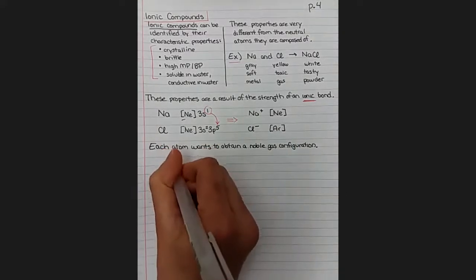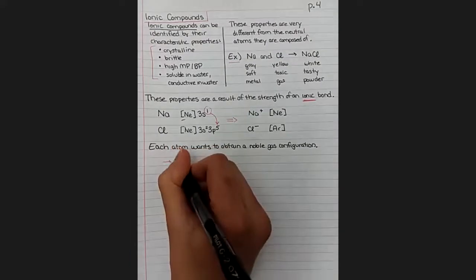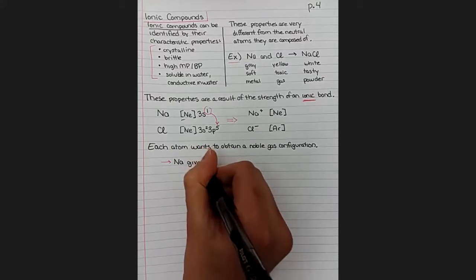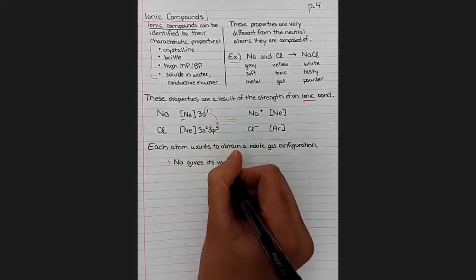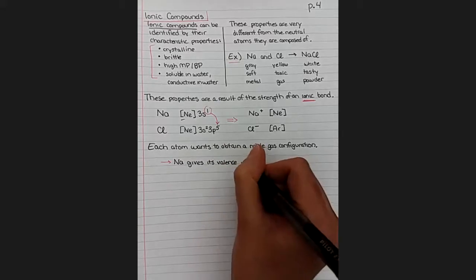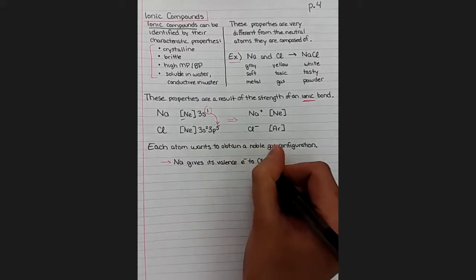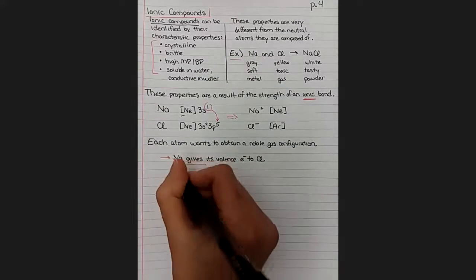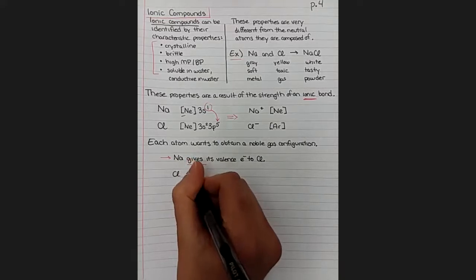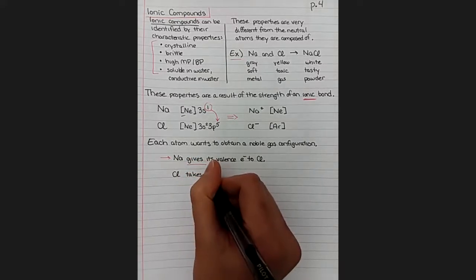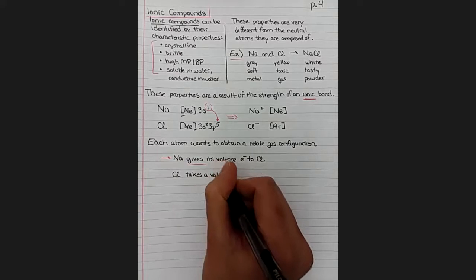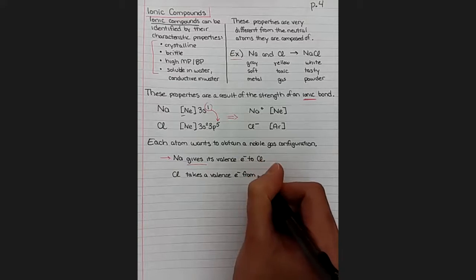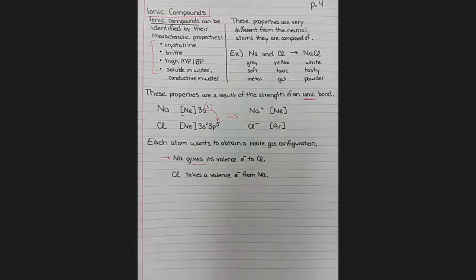And I want to take time to write down those words we use to describe the transfer. So sodium, we say that it gives its valence electron to chlorine. And we say that chlorine takes the valence electron from sodium.